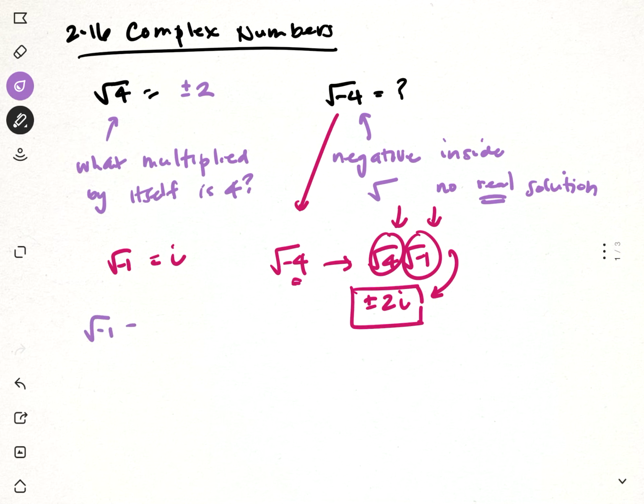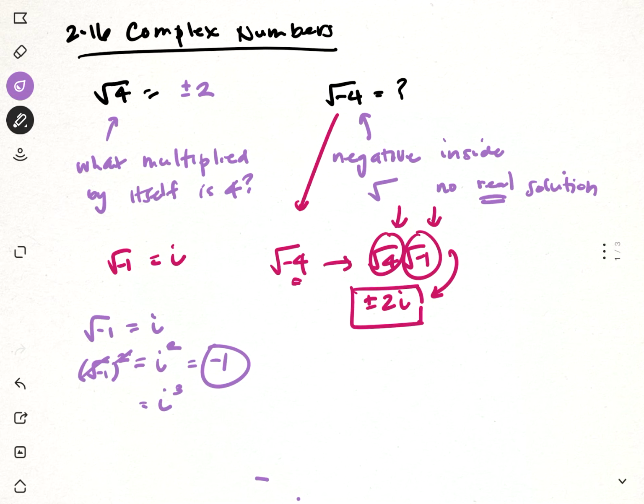Okay, so I know that the square root of negative 1 is i. I know that i squared would be the square of the square root of negative 1, but that's just going to be negative 1, because the square and the square root undo each other.